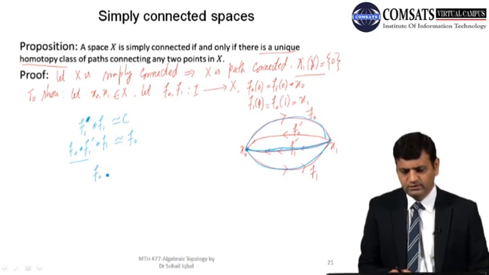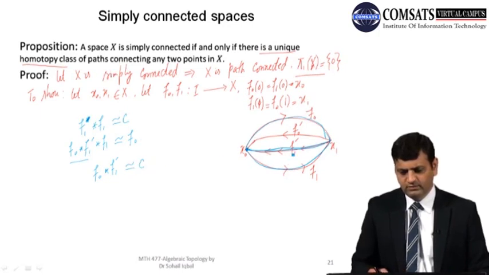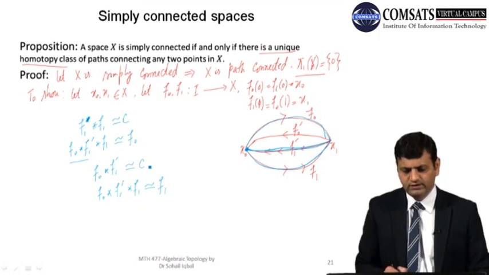So f0 star f1 prime should also be homotopic to C, because this f0 f1 prime is also a loop at x0, and all the loops are trivial because it's a simply connected space. Now I can say that f1 prime star f1 is homotopic to f1, just taking star on both sides. So from this expression and this expression we can say that f0 is homotopic to f1.